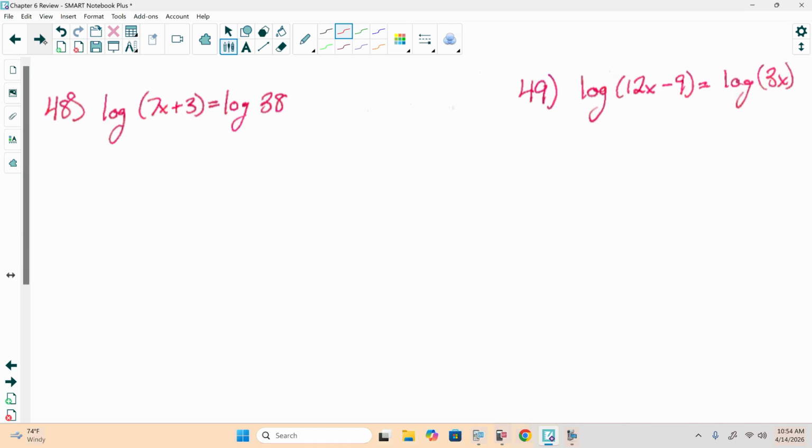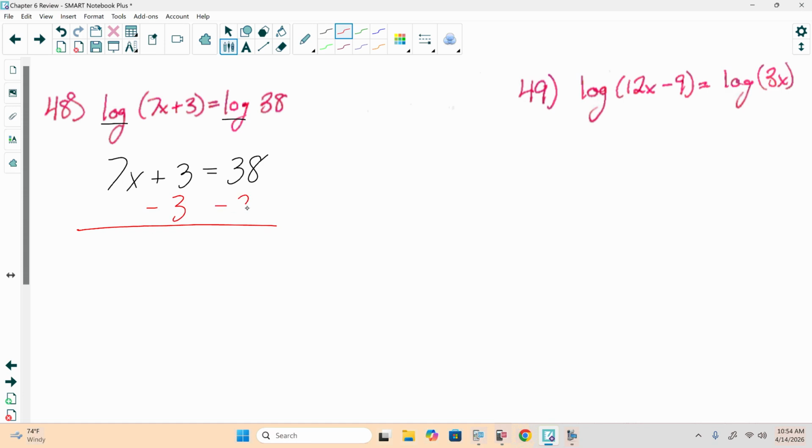Okay. Which one? 48. Log of 7x plus 3 is equal to log of 38. Since these are the exact same logs, the only way they can be equal is if what's inside each one of them is equal. So we're saying that 7x plus 3 has to equal 38. Now, since we don't have an x squared term, x cubed, these higher degree polynomial expressions, we just need to get x by itself.